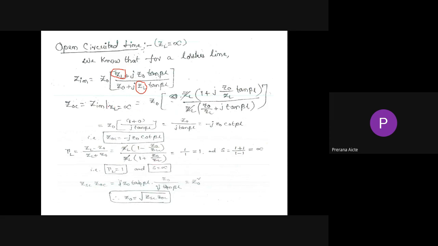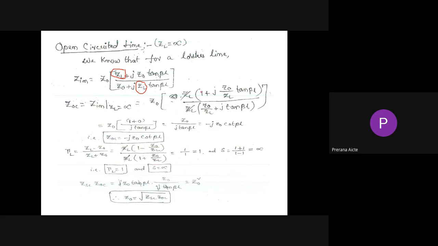So then what can we do? First we can take Z_L common in both numerator and denominator. While taking Z_L out in the numerator, what will happen?